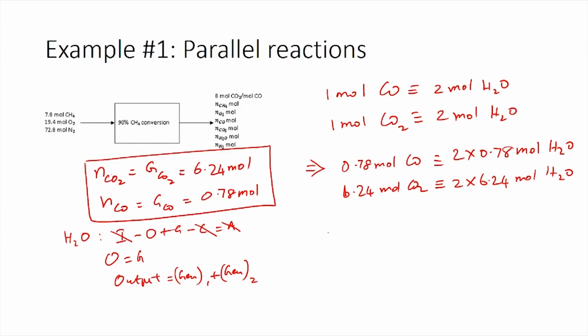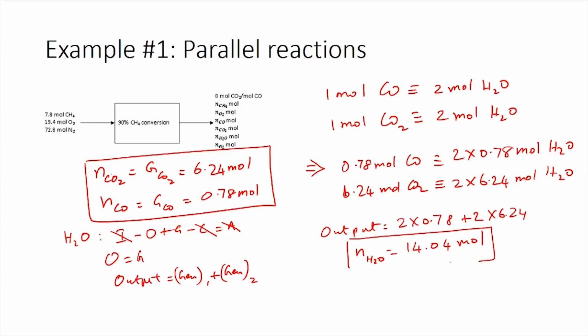So the total output would be equal to the generation of these two terms, which is 2 times 0.78 plus 2 times 6.24, giving you a value of 14.04 moles. So this would be the number of moles of water present in the product stream.